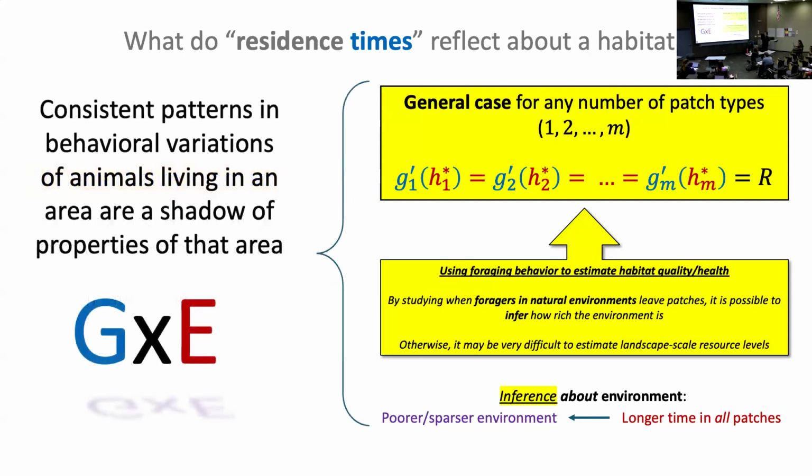And that's something that we'll actually see again in the new thing we're going to talk about today. It has hints of G by E, in that the behavior of the animal is not just what the animal intrinsically likes; the animal spends more time or eats different things based on properties of the environment.